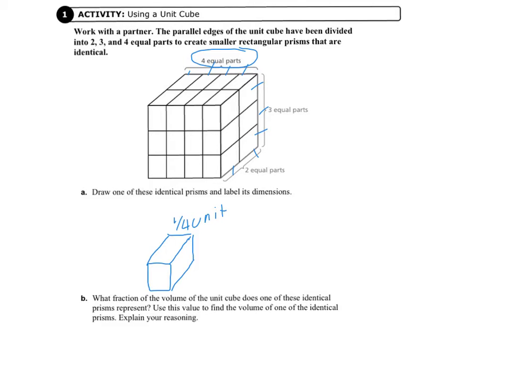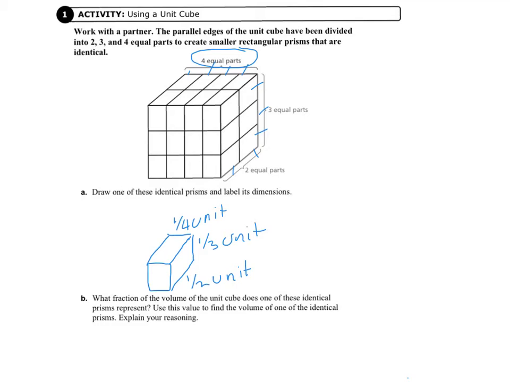And the side of it is 1/3 of the entire thing, so it's 1/3 unit. And the bottom is 1/2 unit, because they cut that into 2 equal parts.